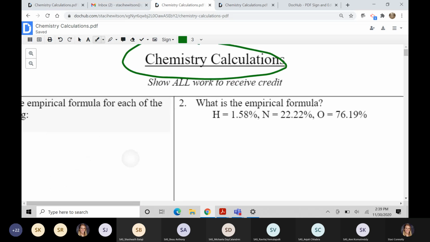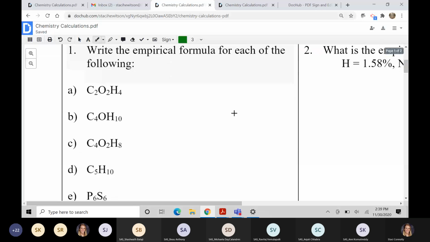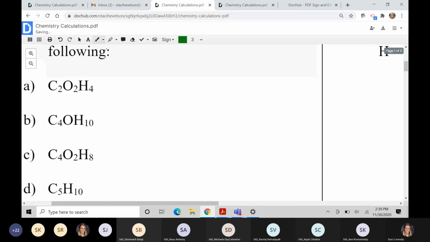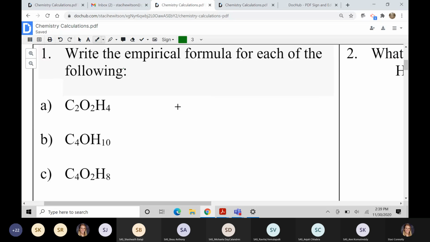Let's label it number 1. Number 1 says write the empirical formula for each of the following compounds. So number 1A, we have C2O2H4. If I'm writing the empirical formula, that means I need to reduce the subscripts.